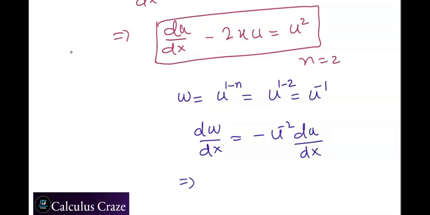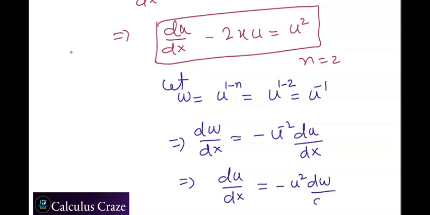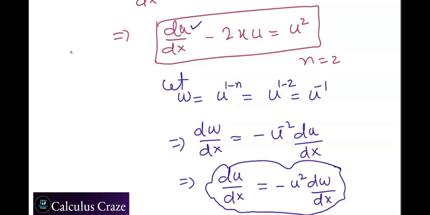So from here, the derivative of u with respect to x takes this form. So rearrange this with your simple algebra, right? Now I'll substitute this value of the derivative of u over here.